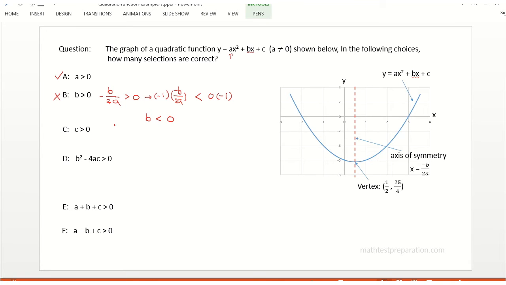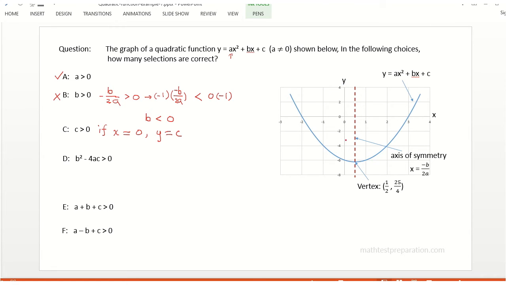Now look at C. If x equals 0, then we have y equals c. X equals 0 is the y-axis.